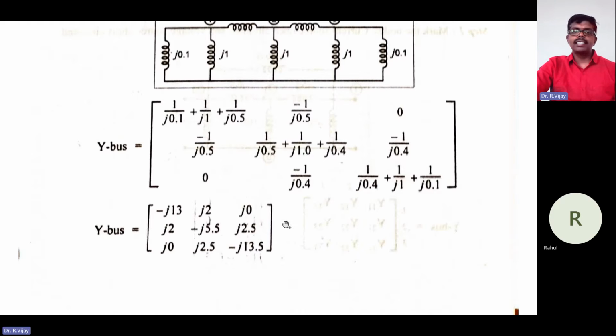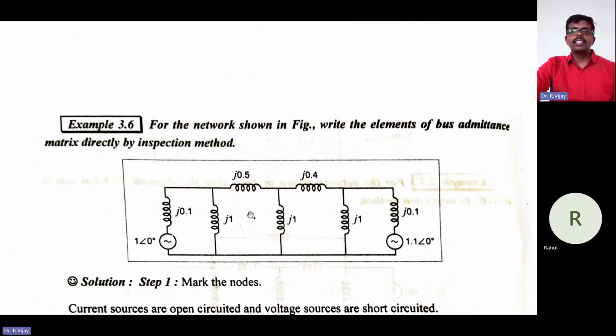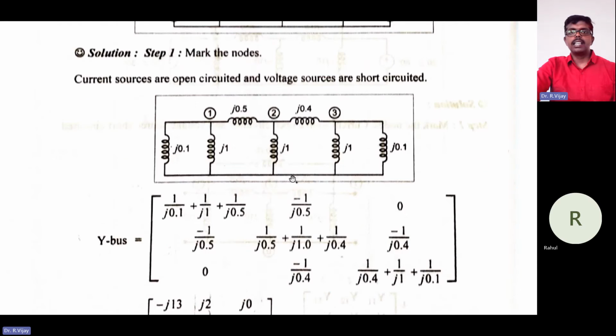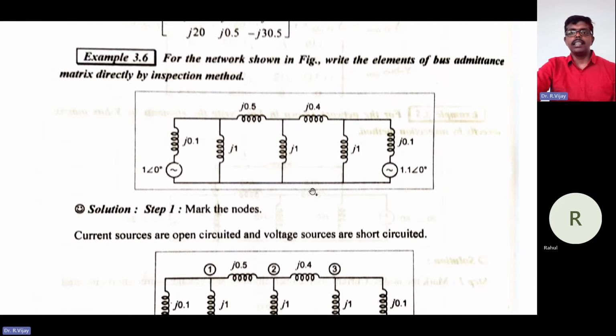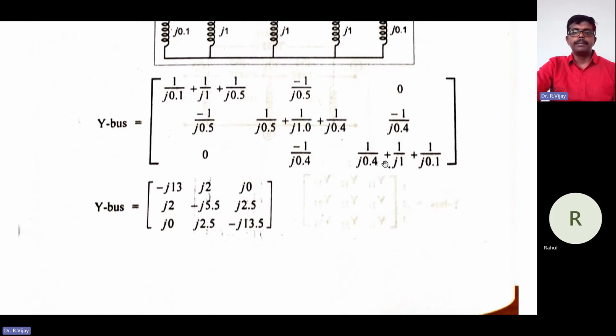Simplifying this, you will get the answer like this: minus j into 13, minus j2, minus j0, minus j2, minus j into 5.5, minus j into 2.5, j into 0, j into 2.5, minus j into 13.5. While simplifying, you will get the answer like this. This is the answer for the problem given here. Next step.